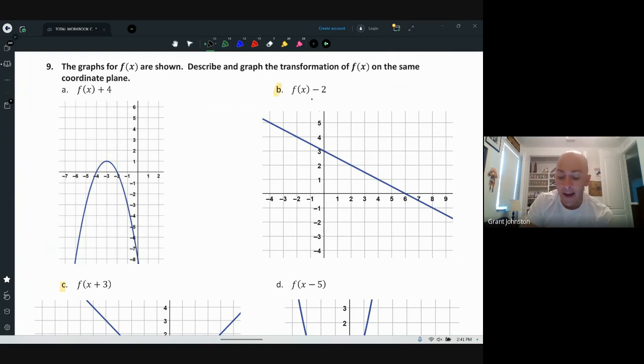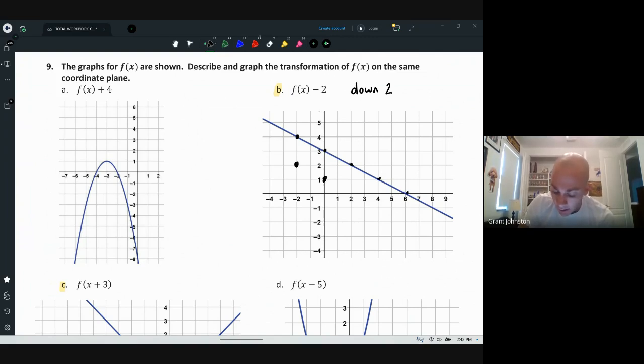So since this is outside of the parentheses, this means we're going to have either a shift up or a shift down. Since it's -2, this is going to be a shift down 2. So I'm going to basically take all the points on this graph, all these points, and just shift it down 2.